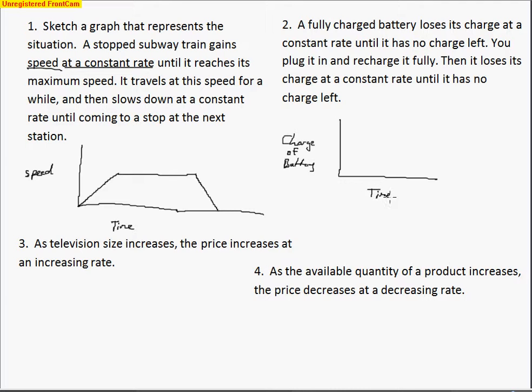As time increases, the battery is going to charge when it's being charged, and then it's going to decrease in charge after it's stopped being charged. So a fully charged battery loses its charge. And so we're going to start up here. Maybe this is the full battery and full charge, and then it loses its charge at a constant rate. So constant rate right there, so we've got a straight line until there's no charge.